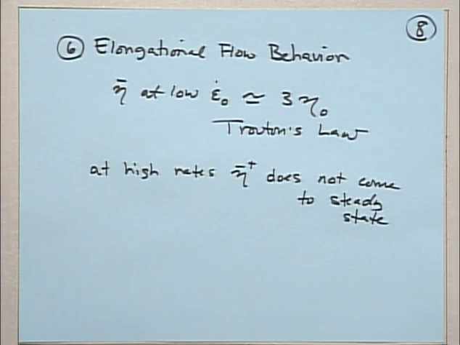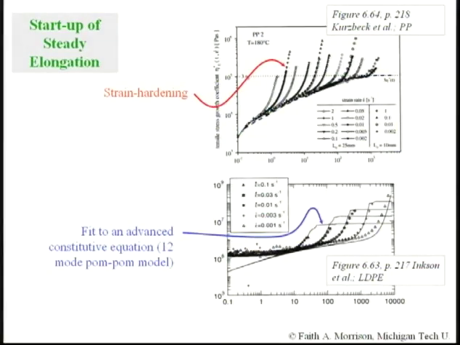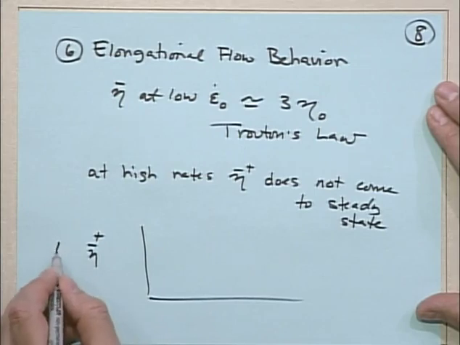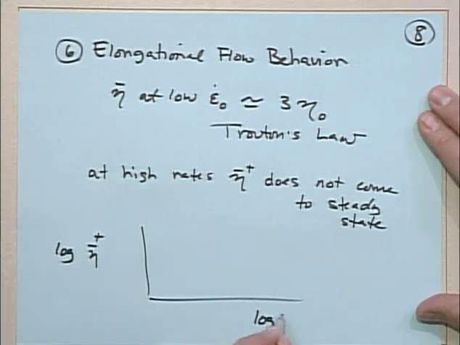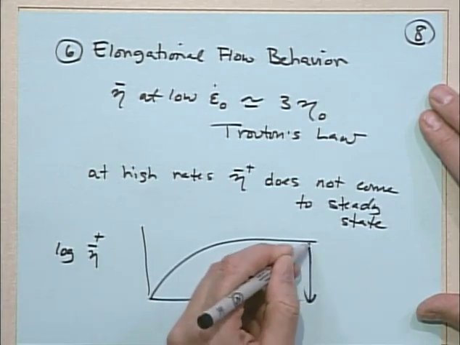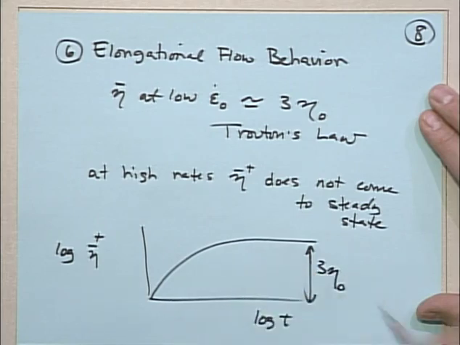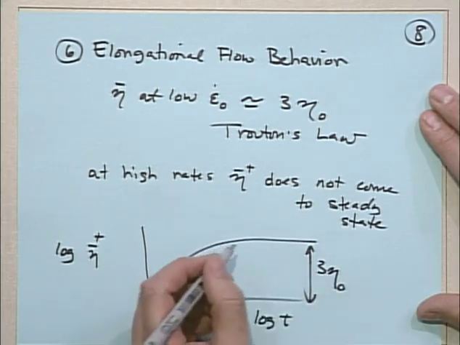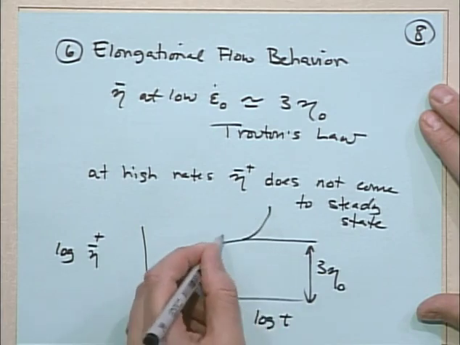We don't need to know that terminology, but this is the effect we're looking for. So eta bar plus on a log-log graph looks like a regular startup curve of steady shear viscosity. It plateaus at 3 times the shear value because that's the low rate effect. And then at higher rates, it does this. It just takes off.